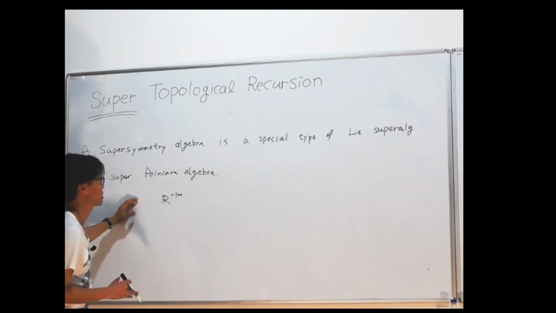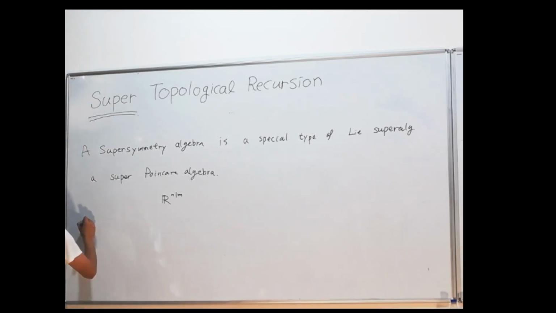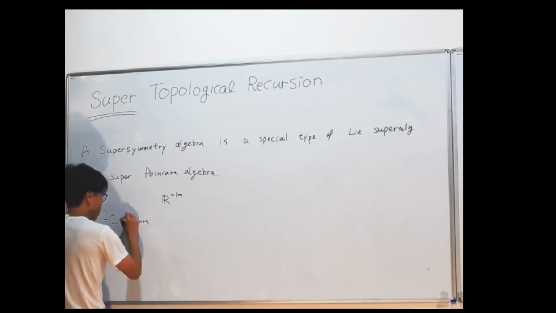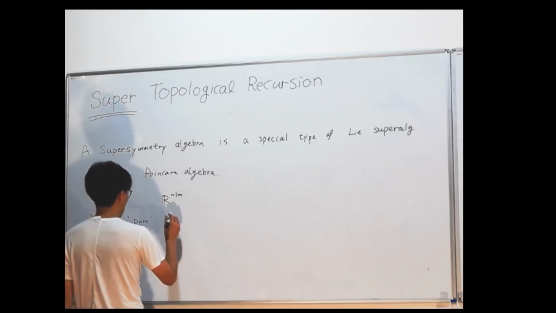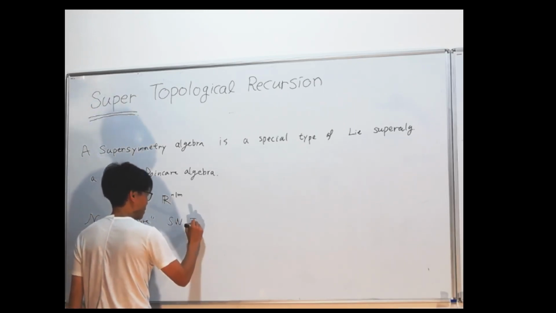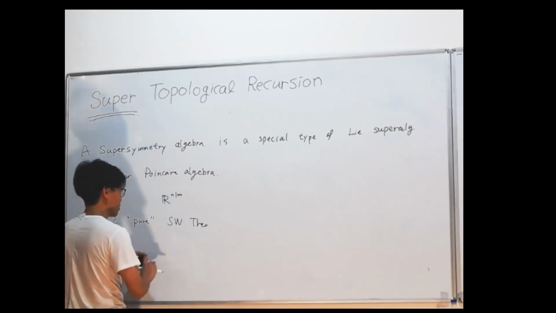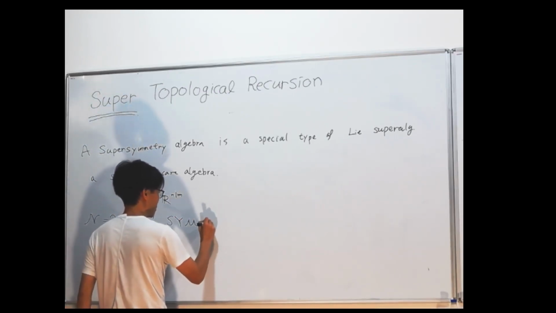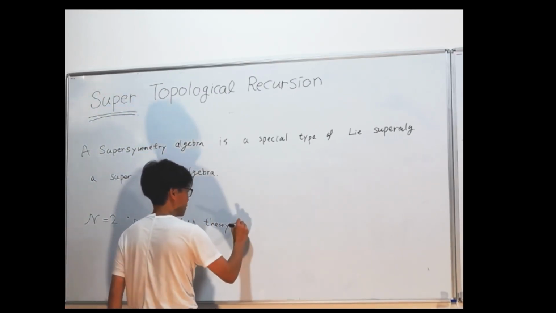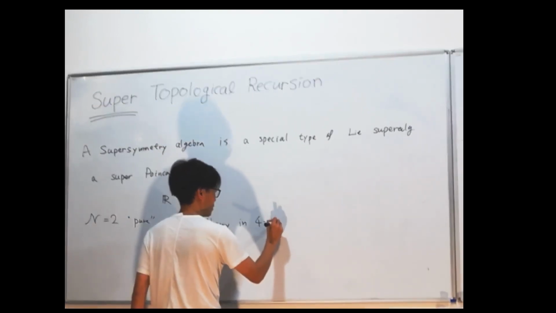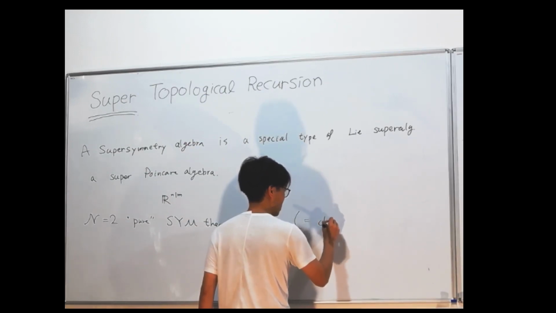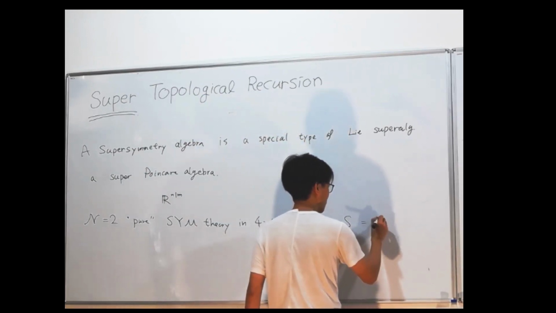And this is very important. For example, an instance of mathematically definable physics is so-called N=2 super Yang-Mills theory in 4 dimensions. This is sometimes called class S theory, sometimes Seiberg-Witten theory.